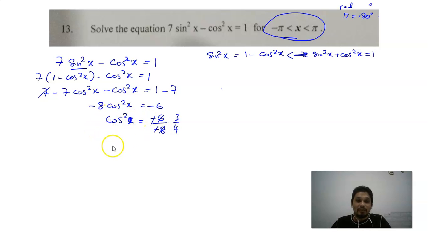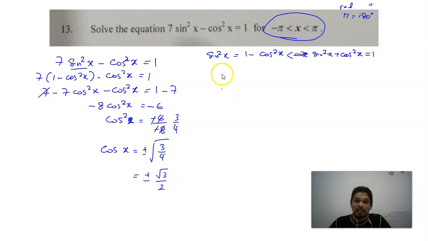Take the square root left and right, then cos x equal to plus minus square root of 3 over 4, or simplified, plus minus square root of 3 divided by 2. For cos x, the value can be positive or negative.